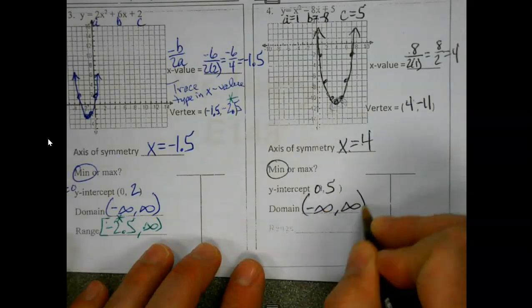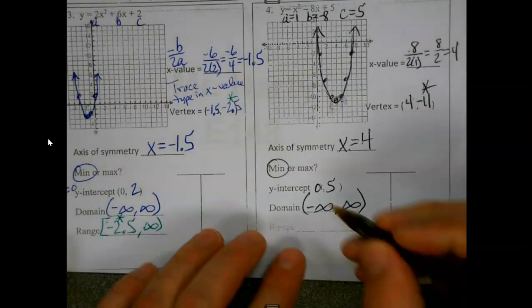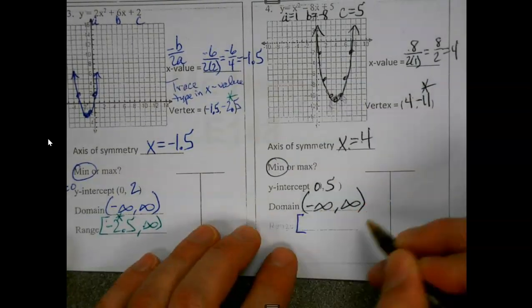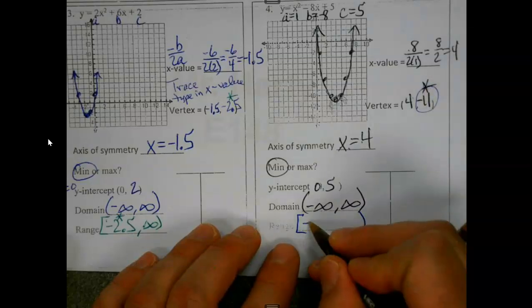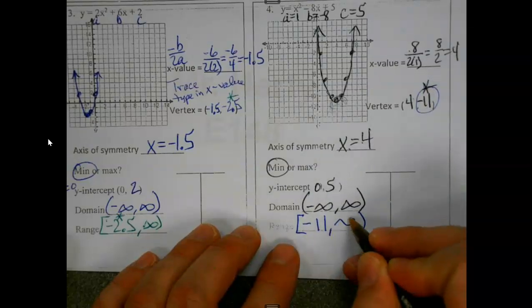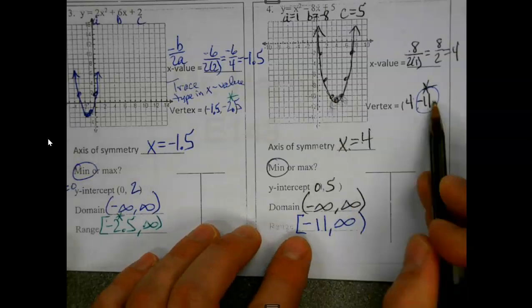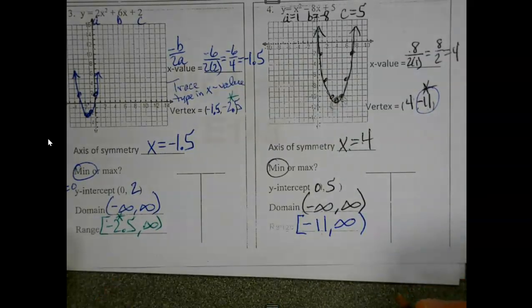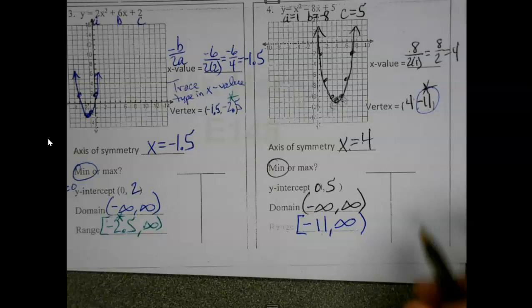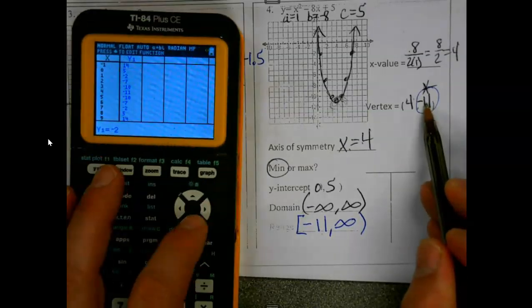Domain is the free square. And that y value of my vertex always goes with my range. The y value of my vertex, I got it from the chart as I was going.